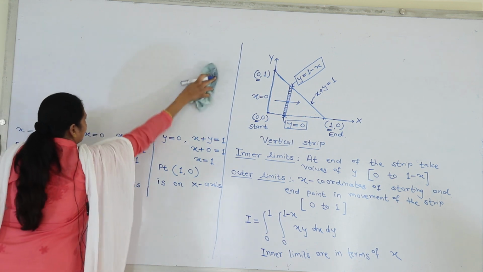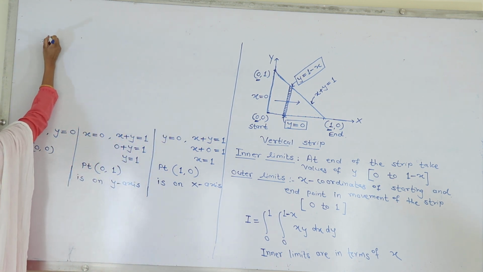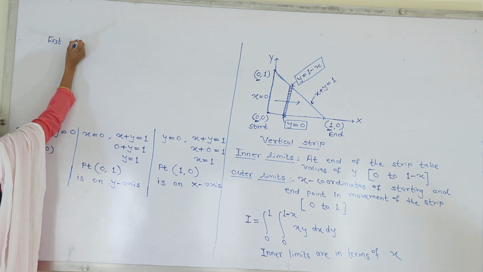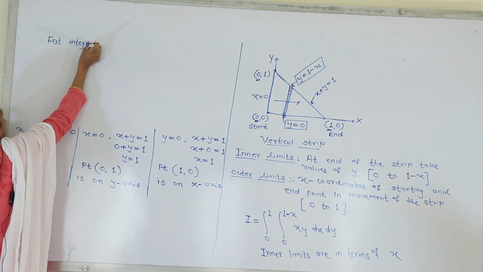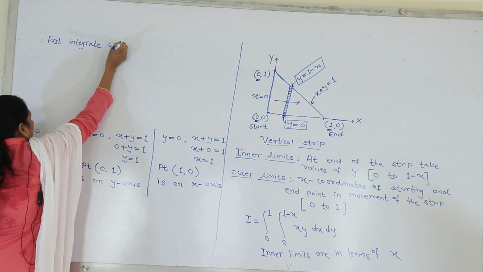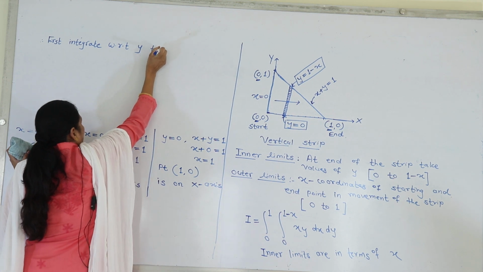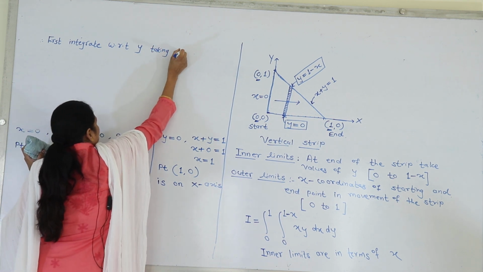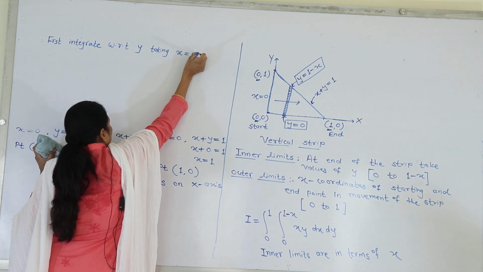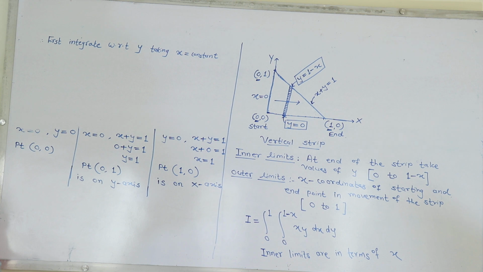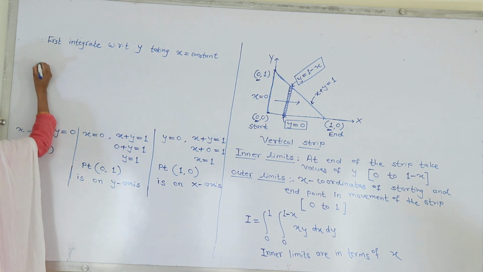Therefore, first integrate with respect to y, taking x as a constant. When the inner limits are in terms of x, first integrate with respect to y, taking x constant.